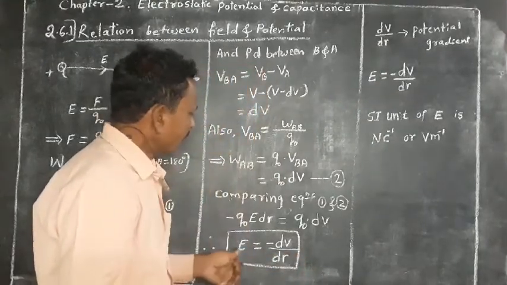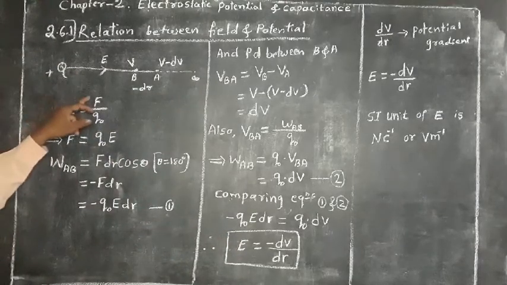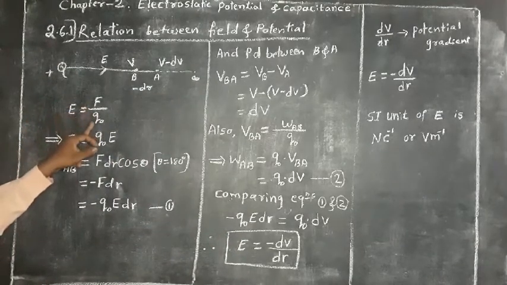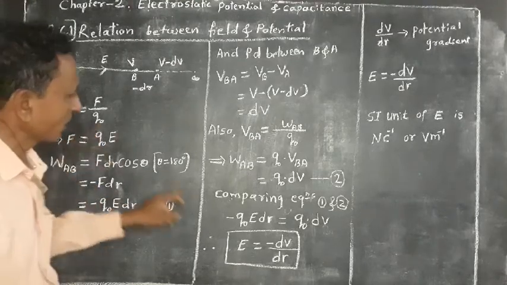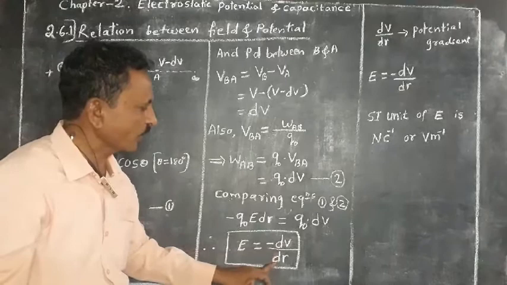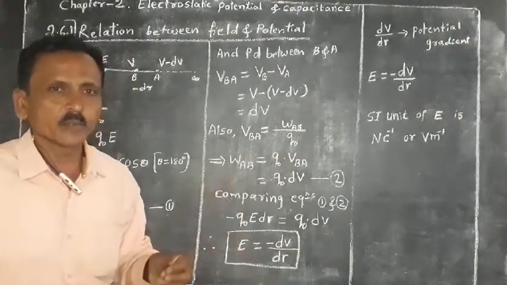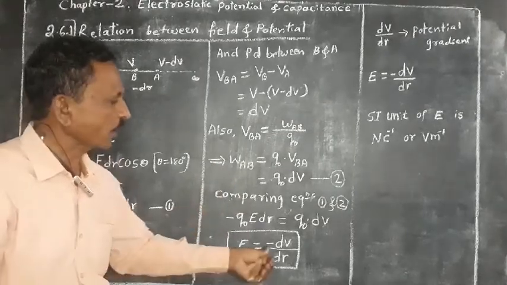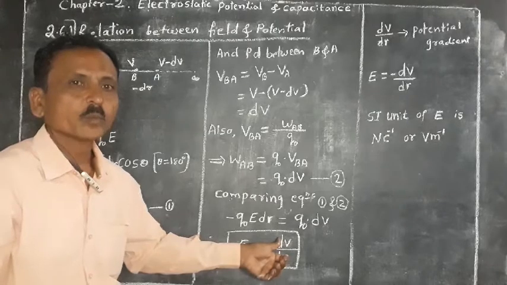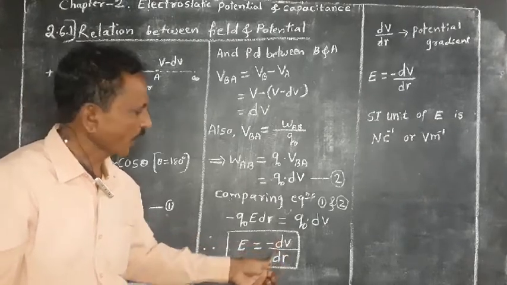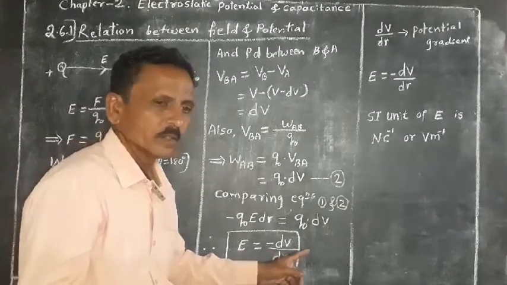Electric field is defined as the force per unit charge at a point in an electric field, and here E equal to minus dV upon dr. So electric field can also be defined as the negative potential gradient, and its unit is volt per meter.